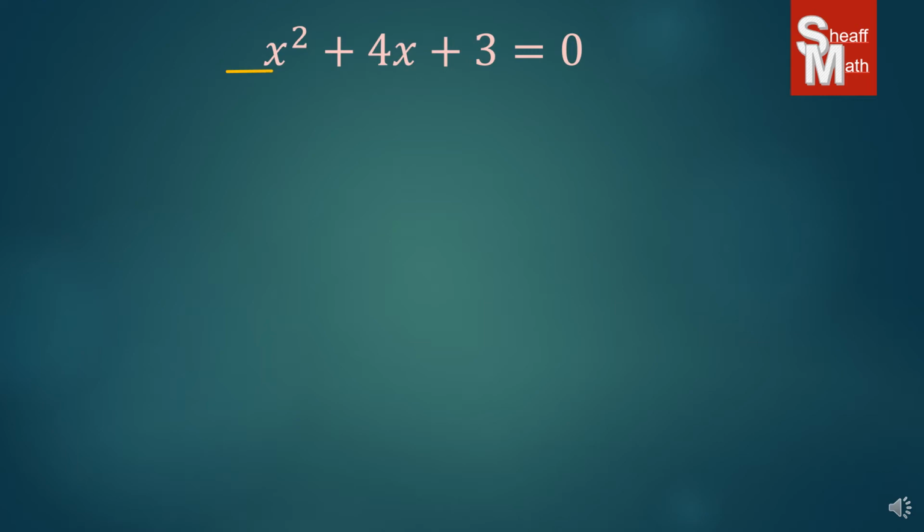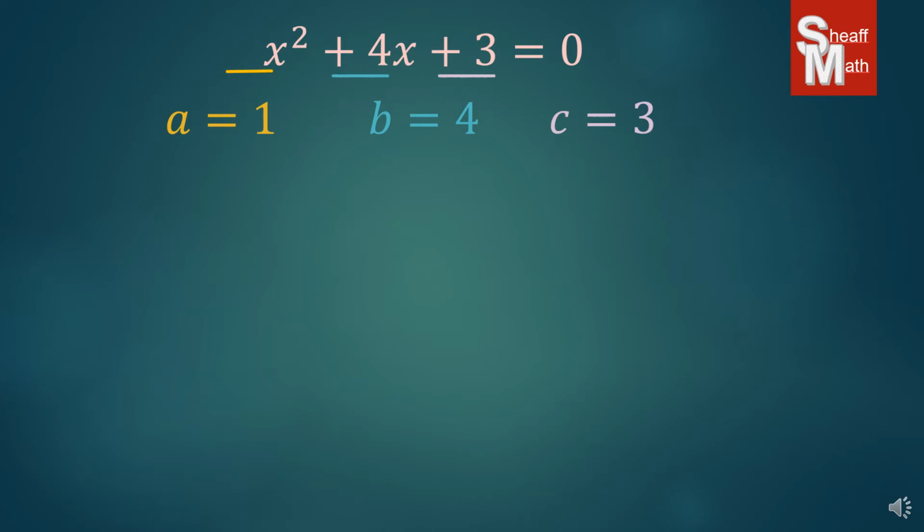Well, you should know by now that there's always a 1 in front of an x or x squared or y if there isn't another number there. We just assume that it's a 1, and so a equals 1 in this particular situation. b is the coefficient of x, and so that equals 4. And then c is that constant right there, which is 3. So we have the a, b, and c.